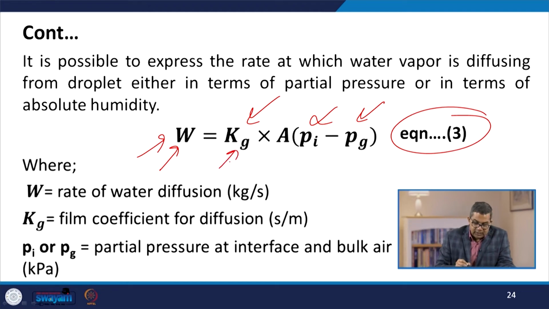Kg is the film coefficient of diffusion. Then Pi and Pg are the partial pressures at the interface and in the bulk, usually represented in the unit of kilopascal.